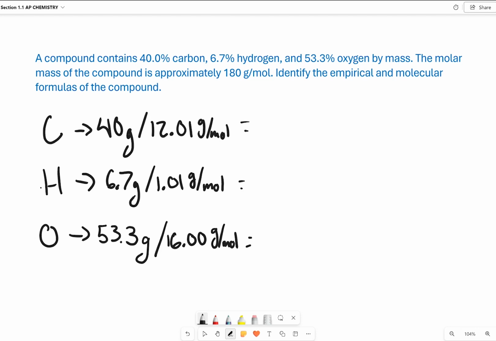So now we can find out how many moles of each we have in this 100 gram sample. So 40 divided by 12.01 is 3.33 moles of carbon. 6.7 divided by 1.01, we're going to imagine it's going to be about 6.63 moles of hydrogen.